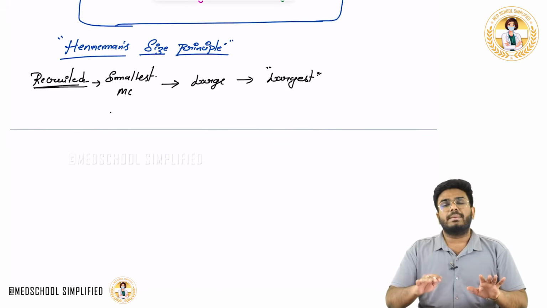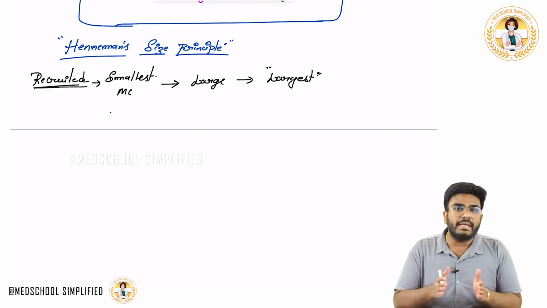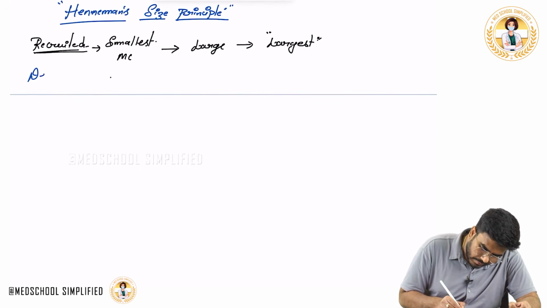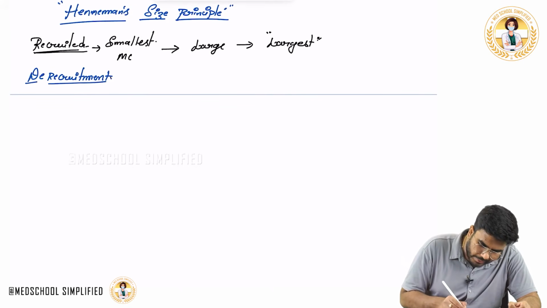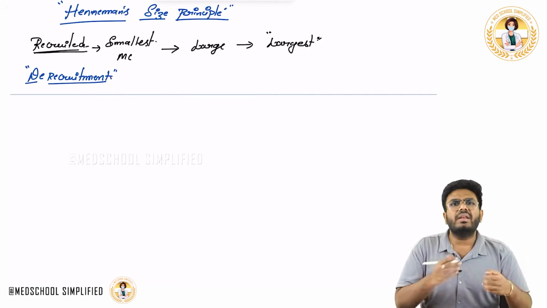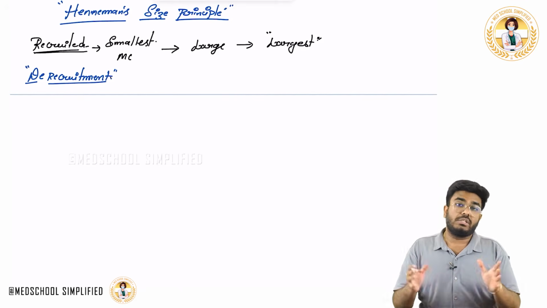So when you are relaxing, what should happen to the motor units? They should be de-recruited. So who will be de-recruited first? When you are relaxing, you don't require the largest motor units.